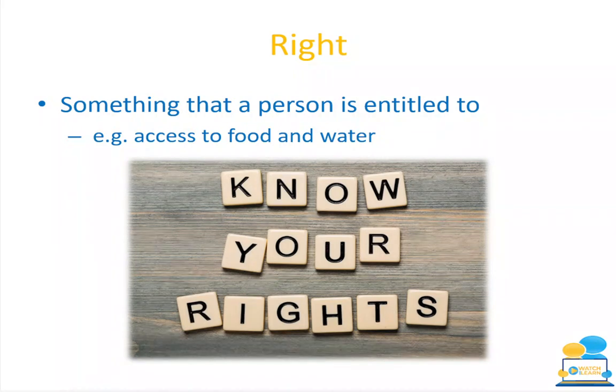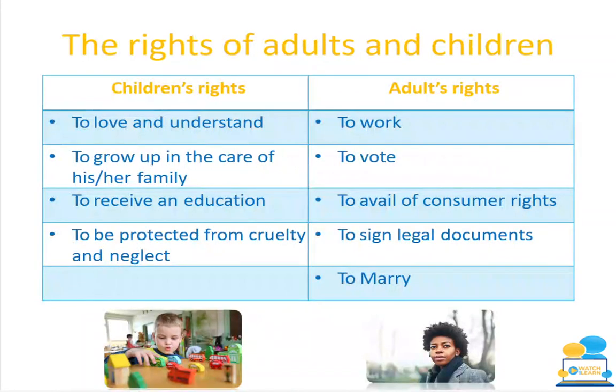For example, access to food and water, the right to education, the right to freedom of speech, the right to shelter, the right to access medical care. You need to be able to explain what a right is, state it, explain it, and give an example for full marks. The rights of adults and children slightly differ.